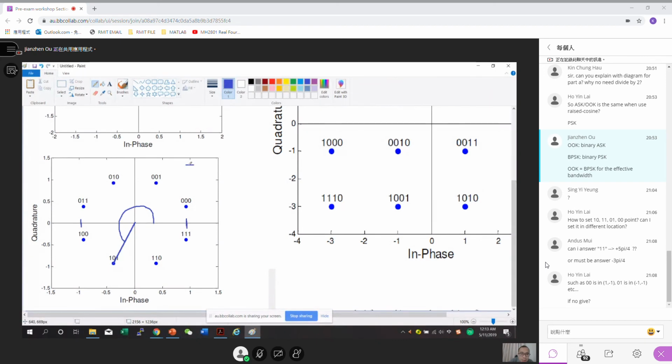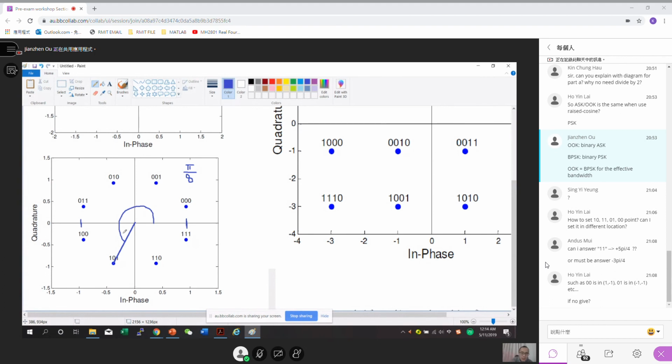So for 101, the whole angle is pi over 2 times 3, so it's 3 pi over 2 minus pi over 8. So it becomes the angle like that.